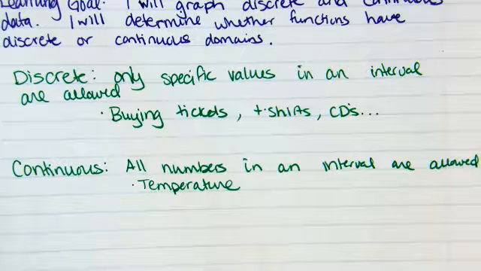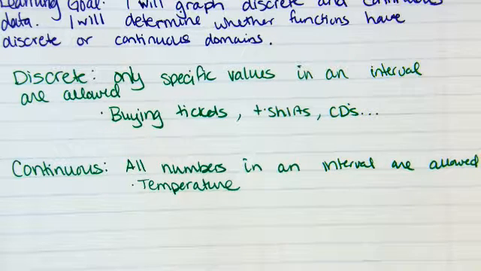Let's think of some other continuous situations. If we're talking about weight, you can have 4.5 pounds, you can have 4 2/3 pounds. Measurements of that sort where fractional amounts are allowed would typically be a continuous situation.